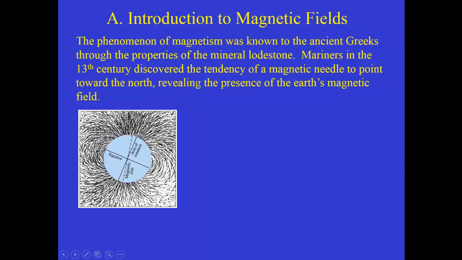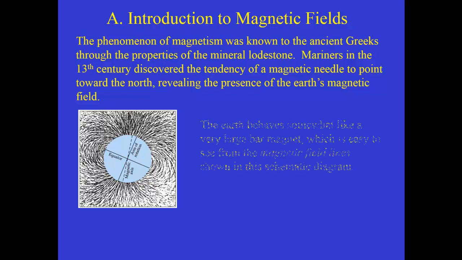Imagining that the Earth is just a giant bar magnet, we can see what the magnetic field lines would look like. There are a lot of similarities between the magnetic field properties of the Earth itself, which is due to the circulation of molten metal in the core of the Earth, and the properties of a simple bar magnet.